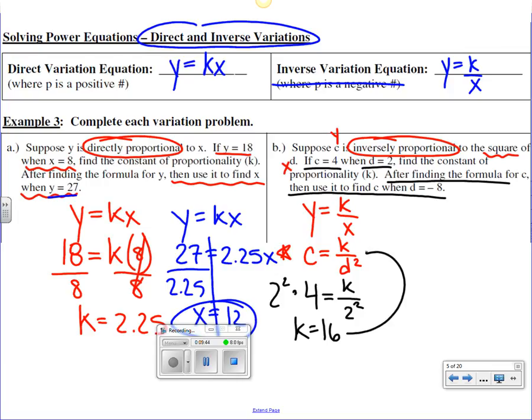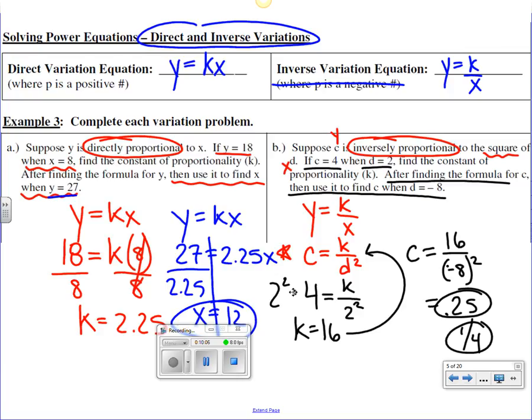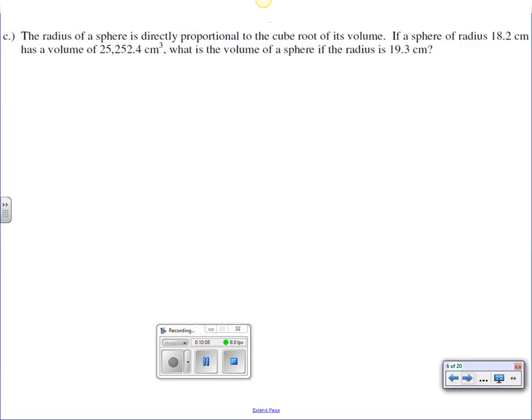So we're going to use the same formula. This time, find C. So C equals, we know K is 16, and D is -8, and you have to square that one. So you get 0.25, or you could do 1/4. Either one is correct.